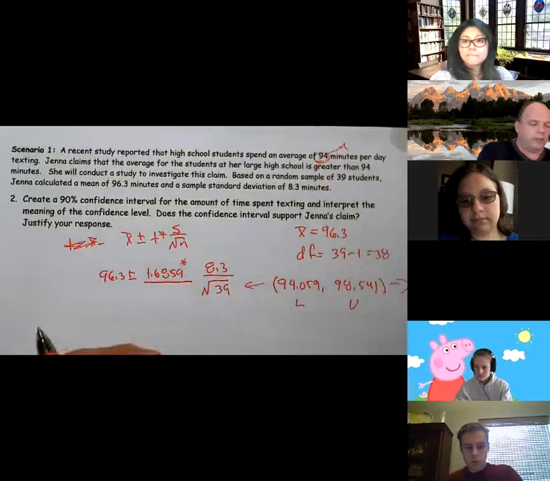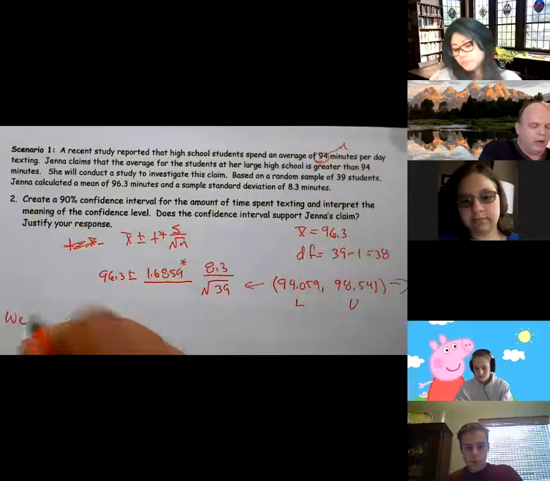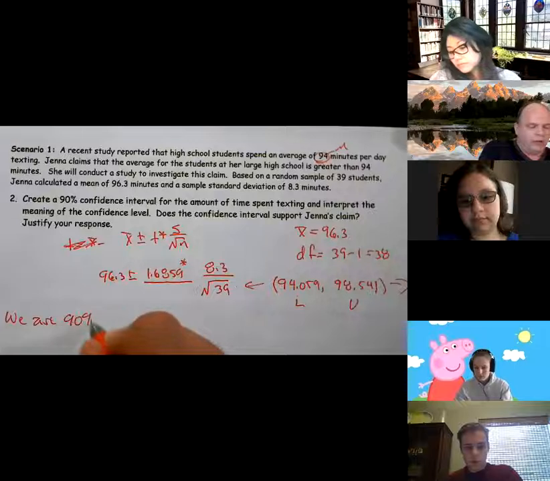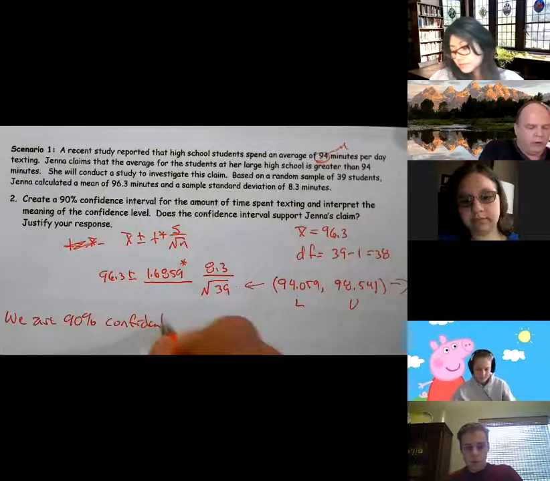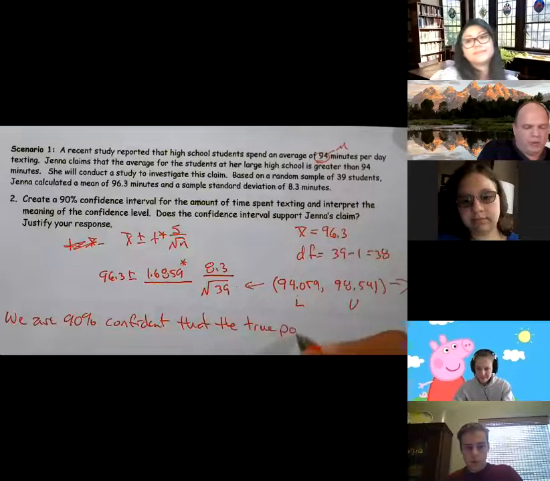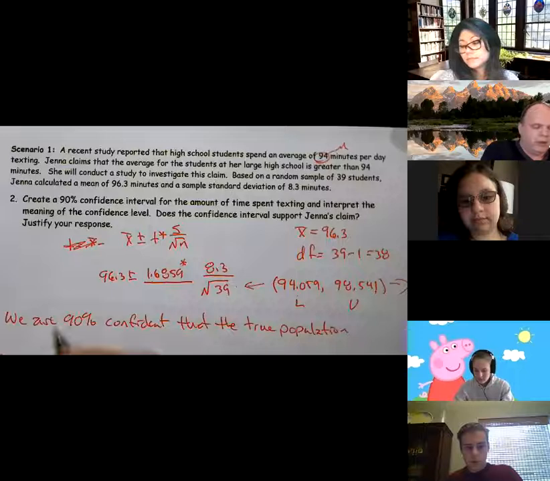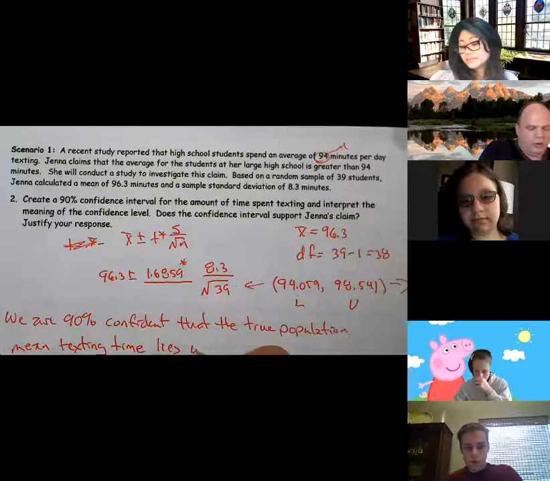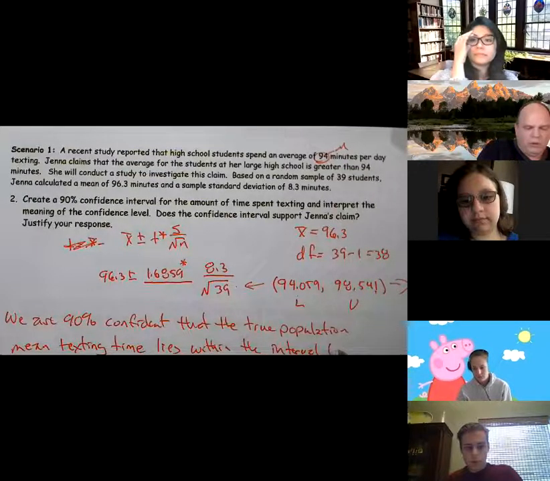So we need to write our conclusion. We are 90% confident that the true population mean texting time lies within the interval 94.059 to 98.541.